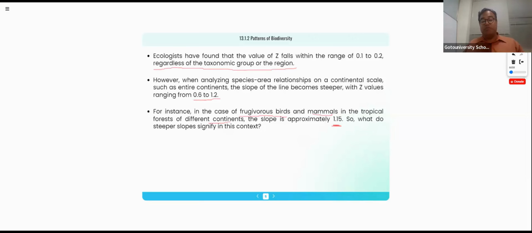The slope will be 1.15, common for both. So the adaptation efficiency falls in the same range of 1.15. That is the indirect meaning of this particular Z value or regression coefficient, right?